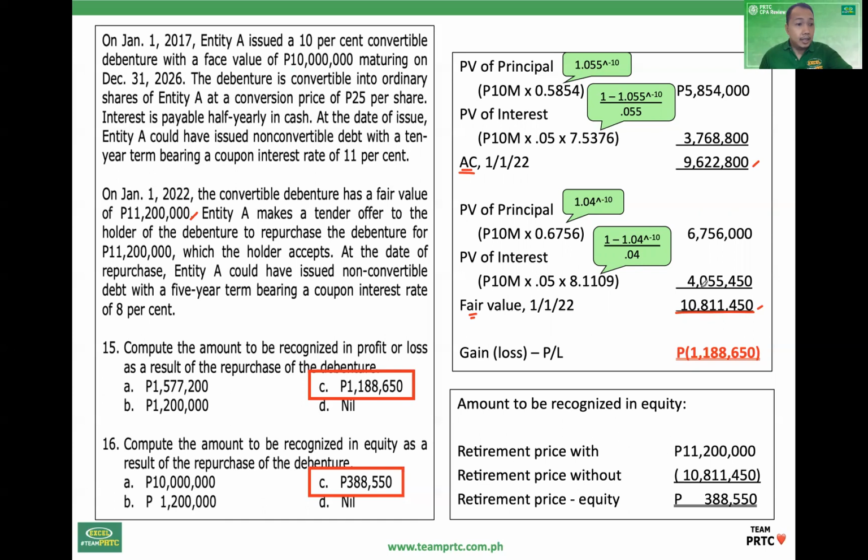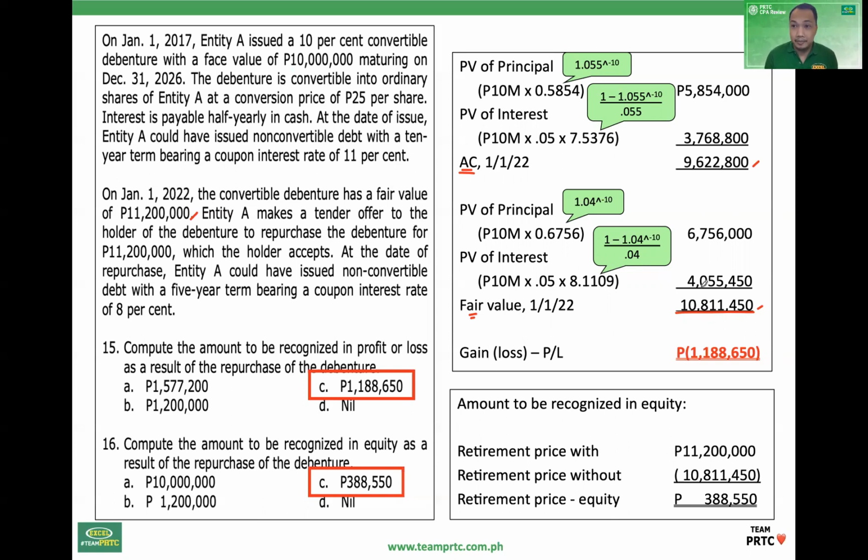Okay, what if, para mapapayag, no? Ito kasi ni-retire, what if walang pera yung entity, walang cash? Para ma-encourage ng entity na yung mga holders ay i-convert na lang yung kanilang holdings into shares para hindi na mag-out ng cash ang entity, pwedeng i-modify yung terms to induce the holders to convert.